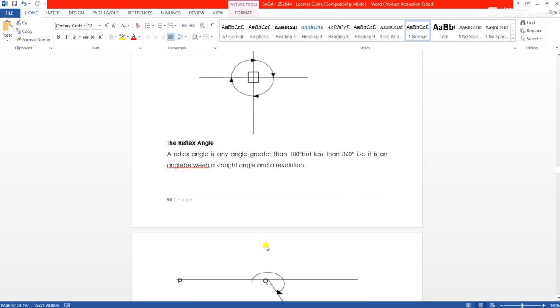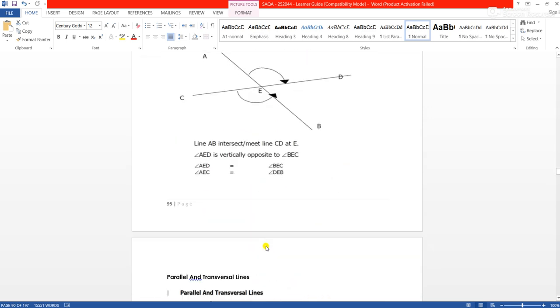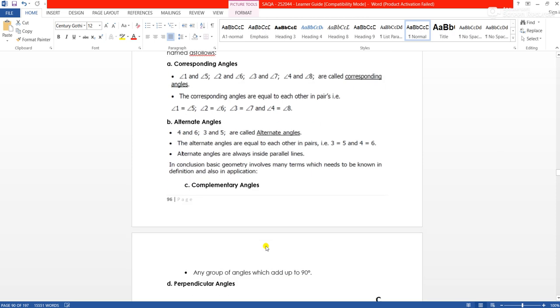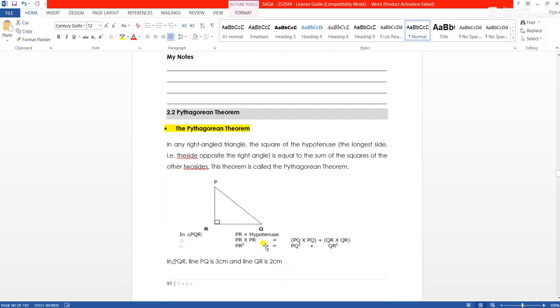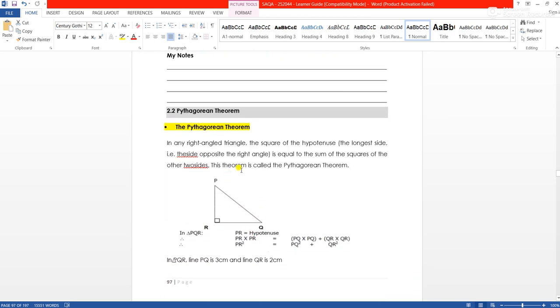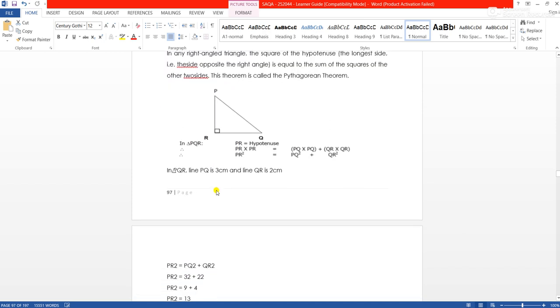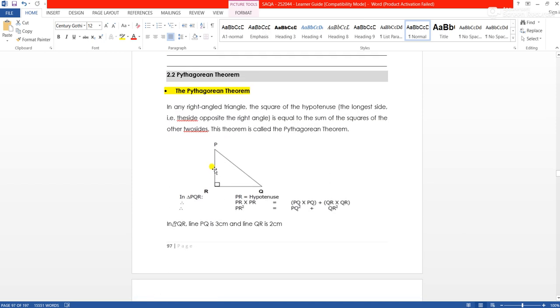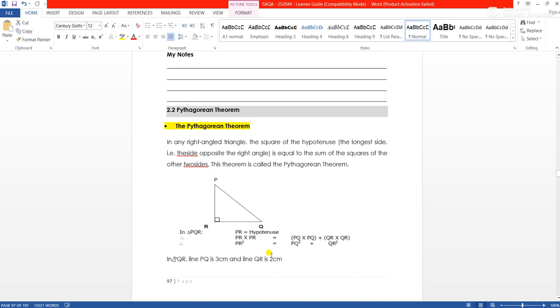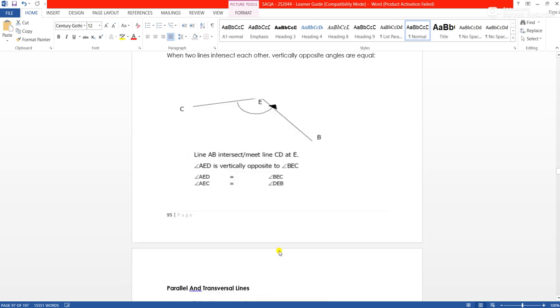Let's look into that right triangle. I think it's your R.